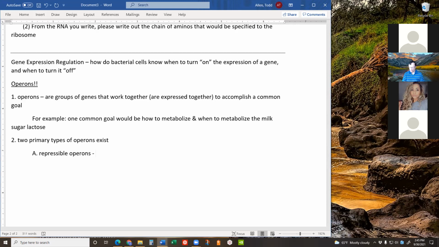These operons contain genes which are normally turned on until they are intentionally turned off.